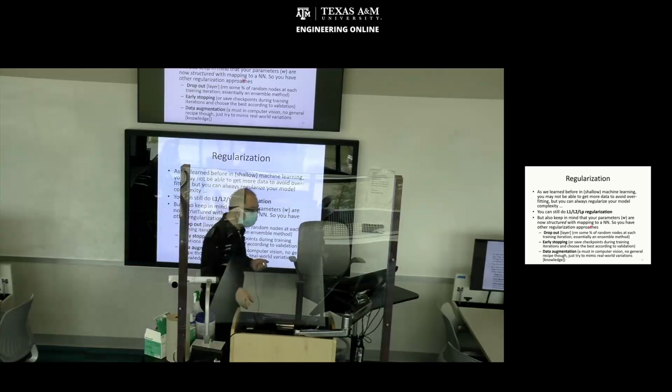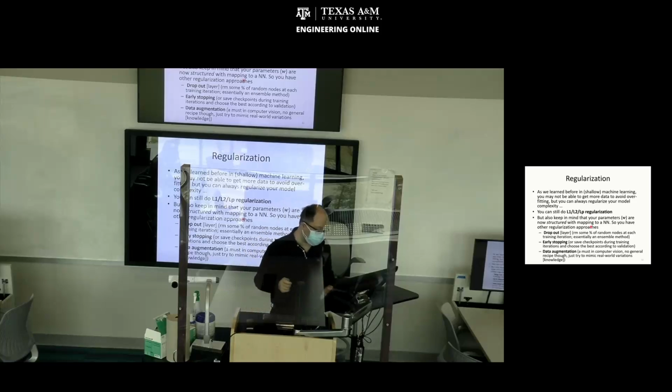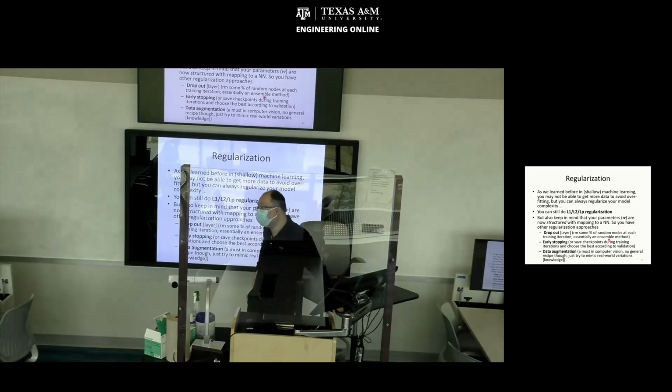Sometimes we call it a dropout layer after the fully connected layer. You remove some percentage of random nodes at each training iteration, and of course their associated interactions and the parameters w_i.